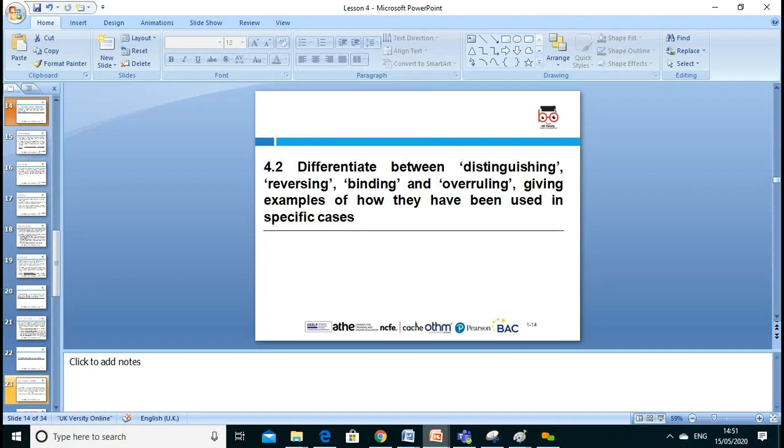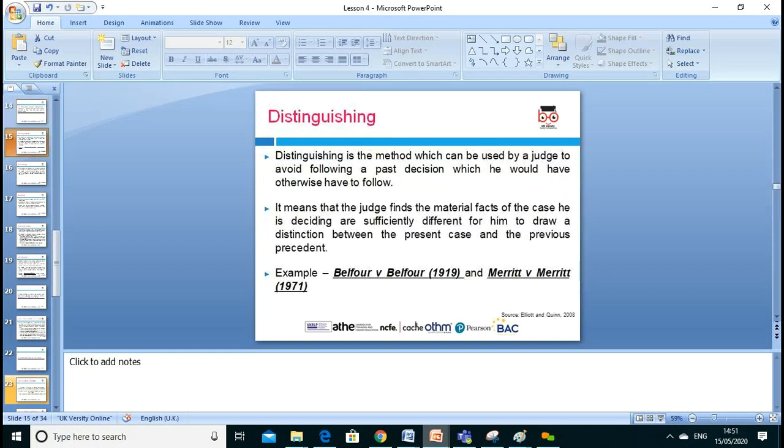Next, we're looking at 4.2: differentiate between distinguishing, reversing, binding and overruling, giving examples of how they have been used in specific cases. These can be used by the judge to avoid following a past decision which he would otherwise have to follow.